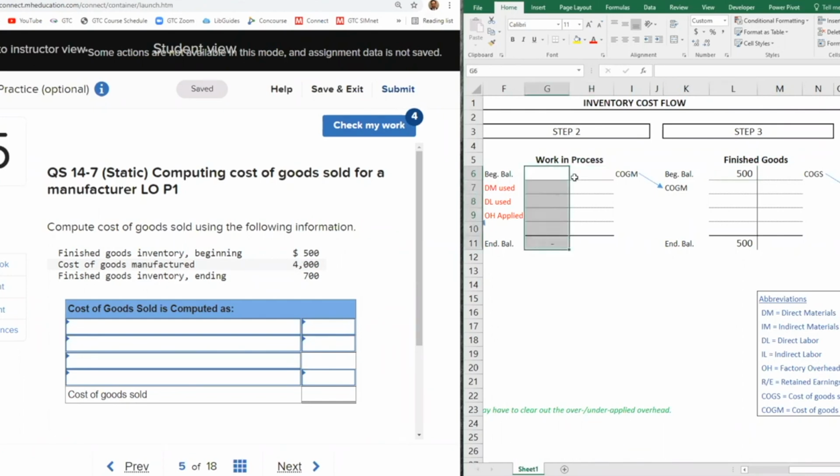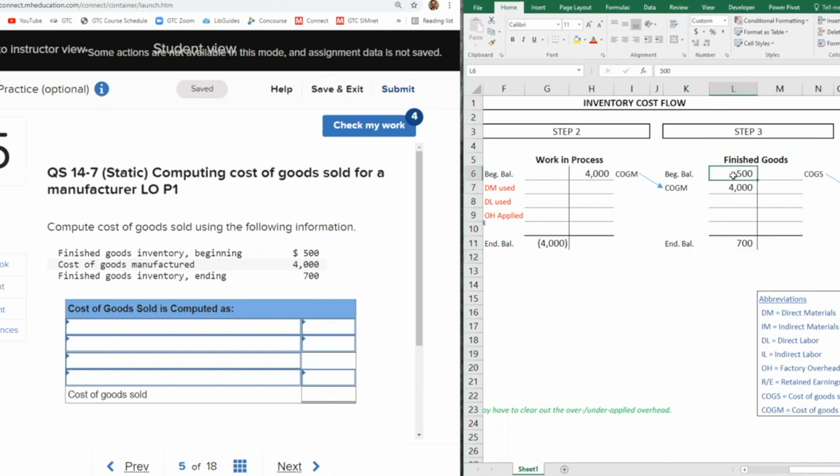So it was here, but we're taking it out. And we're putting it where? It's ready to sell, right? So we're going to add that to finished goods. So the cost of the goods that we did finish manufacturing is going to be added to finished goods, taken out of work in process. And then somehow at the end of the year, we're left with only 700. Uh-oh, what does that mean?